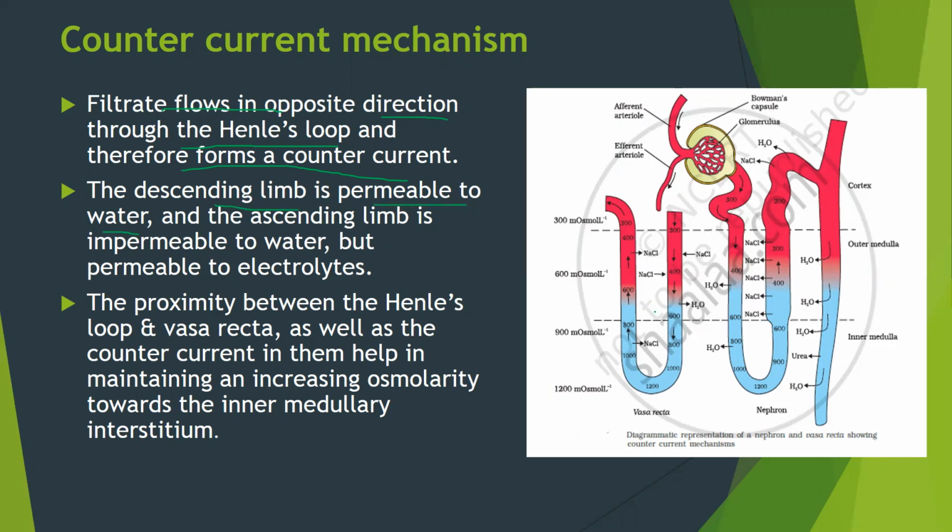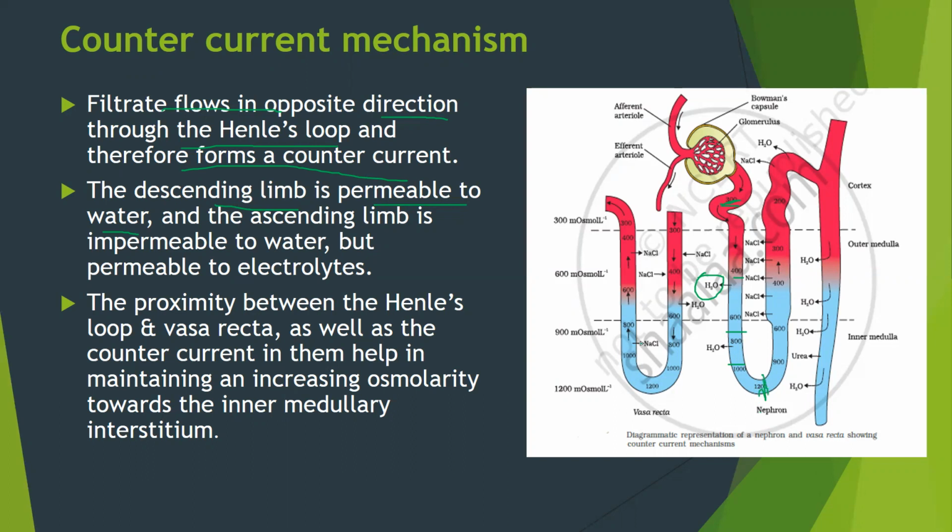So you can see the water is reabsorbed from the descending limb. When the water is reabsorbed, the filtrate gets concentrated. Here it is 300 osmolarity, then 400, 600, 800, and then 1200 at the center.